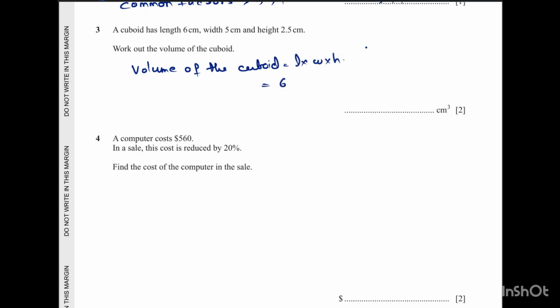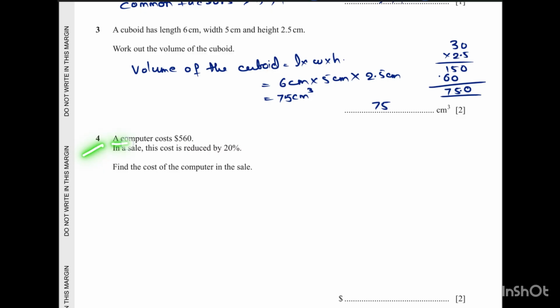Length is given as 6 centimeters, width as 5 centimeters, and height as 2.5 centimeters. Multiply these three numbers. 6 into 5 is 30, then 30 multiplied by 2.5 will be 75. So 75 centimeter cube is the volume of the cuboid.